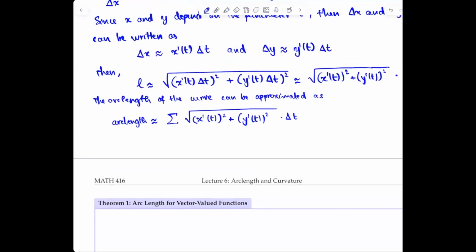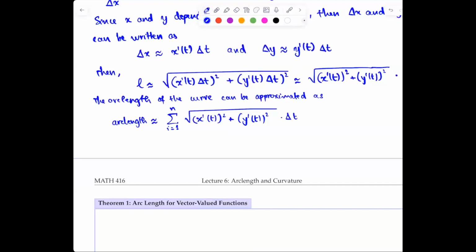Remember the formula that we got right here? It's just the formula to calculate the length of the line segment connecting 2 points. Now we add all the lengths together to measure the arc length of the vector valued function. When you do that, you need to include the index i going from 1 to n because you want to add all the points on the curve together.